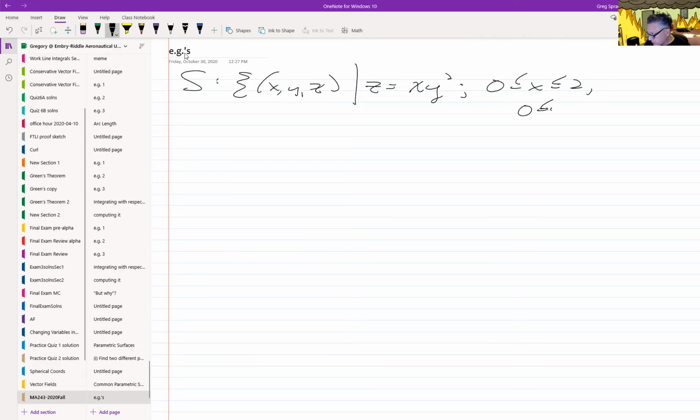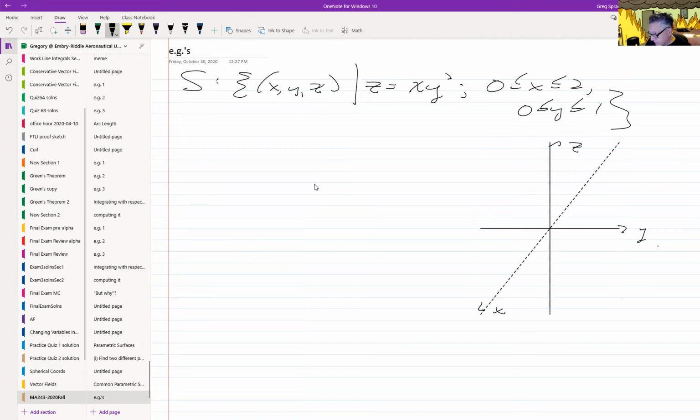And y is between 0 and 1. Now, you don't really need to graph this to do the problem, but I'll attempt it anyway to help you see what's happening. So x goes from 0 to 2. y goes from 0 to 1. The function is always non-negative. It's 0 on the x and y axes. Otherwise, it's positive.